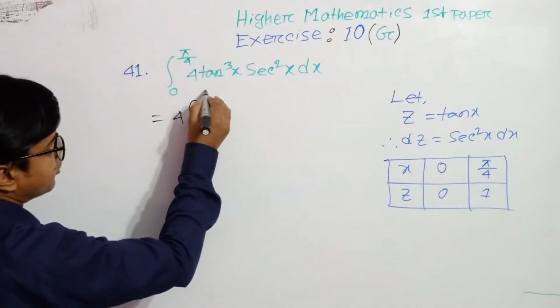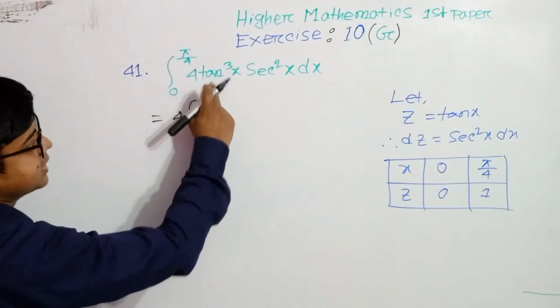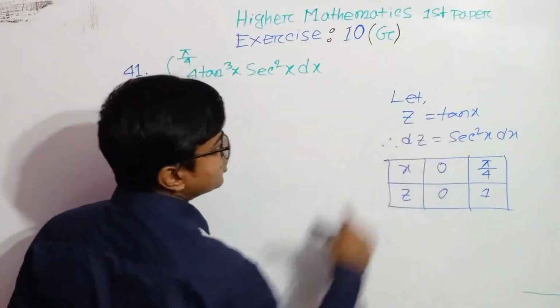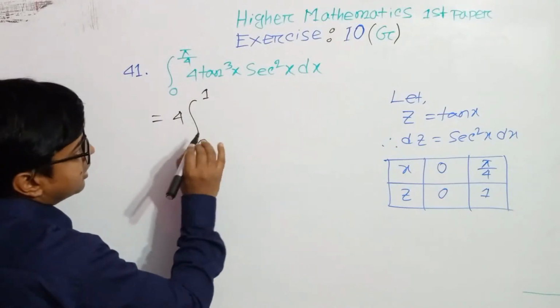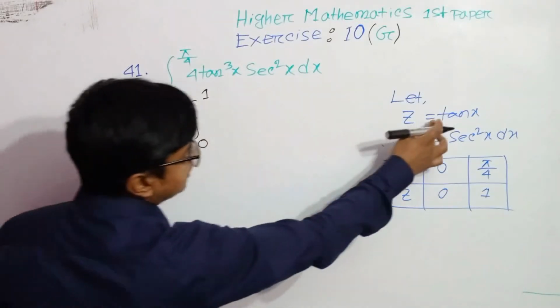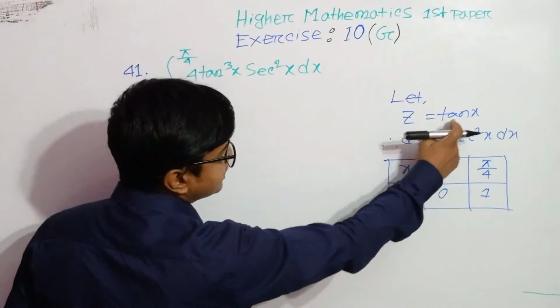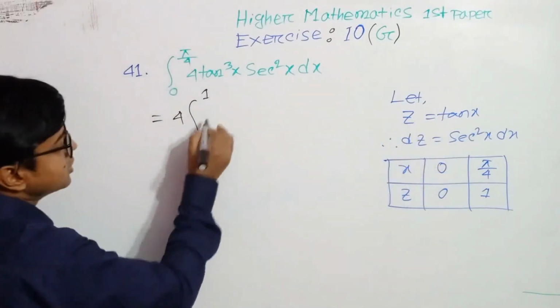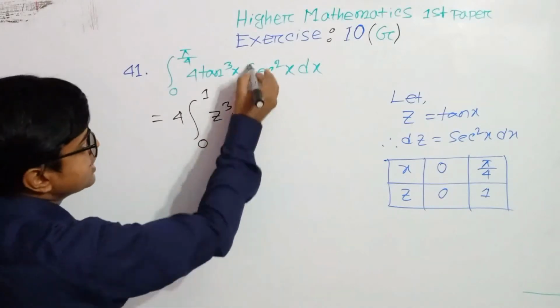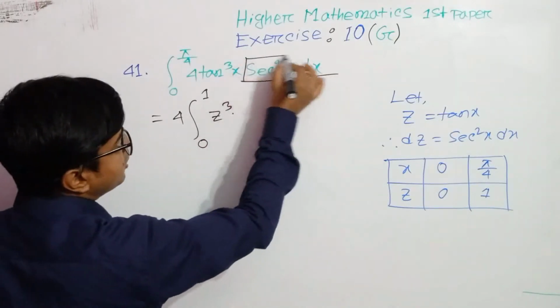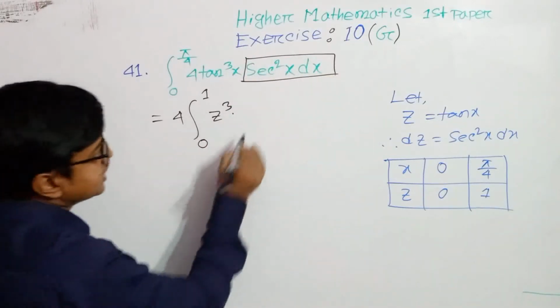So we can write 1, and z equals tan x. So putting tan x equals z, so z cube. And here look at this part. For this part we can write dz.